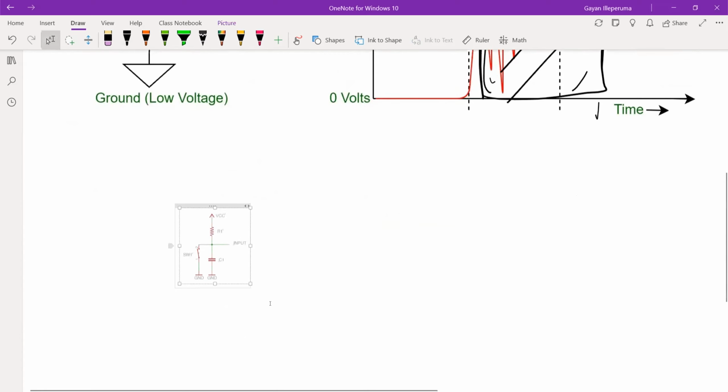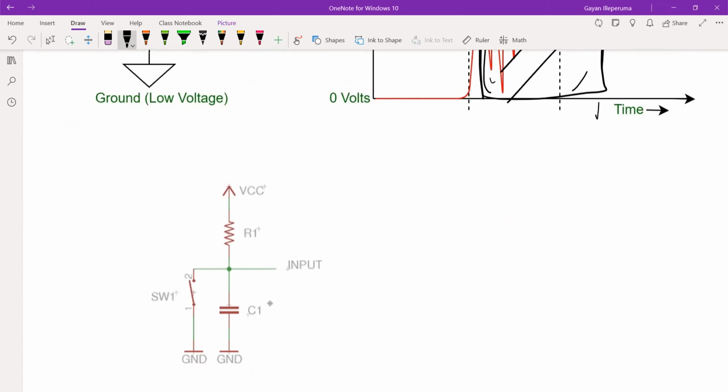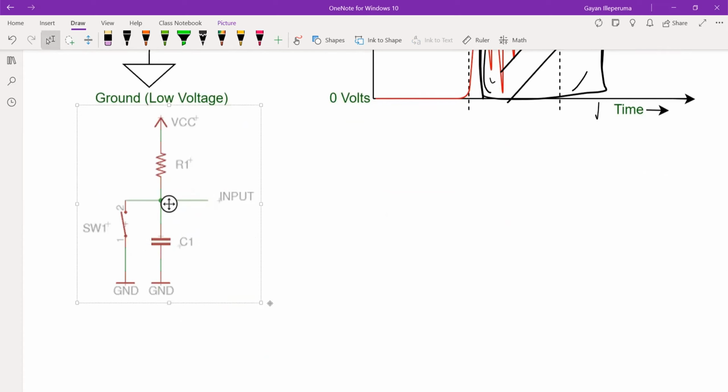Or you can use a hardware approach. This one is the simplest way. You can use a capacitor in parallel with the switch. In that case, whatever these fluctuations are will be grounded through this capacitor because it acts as a filter.